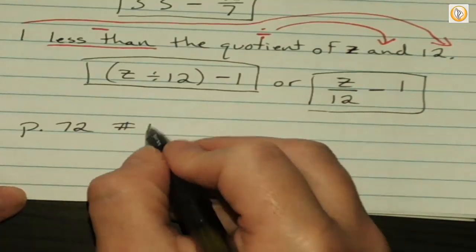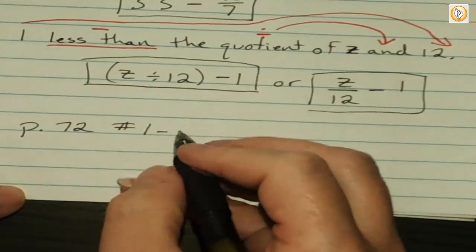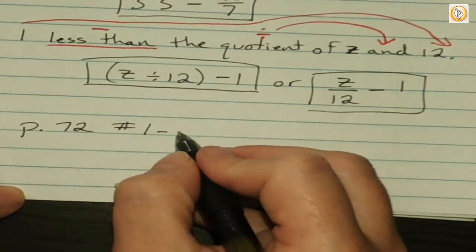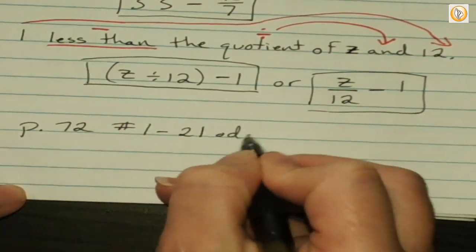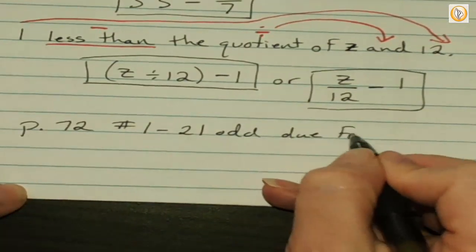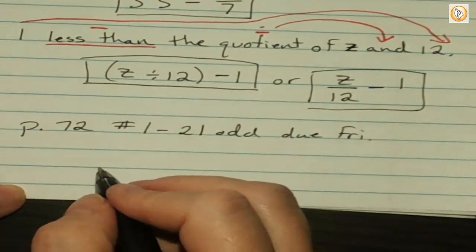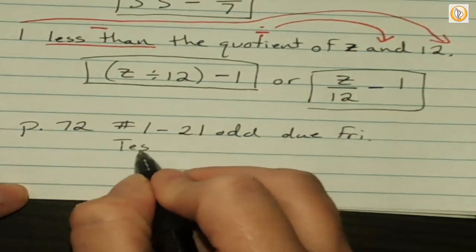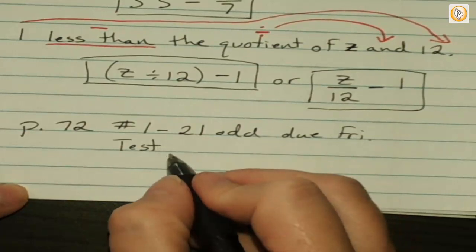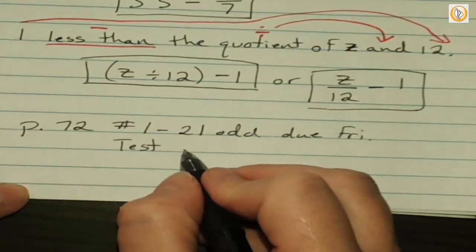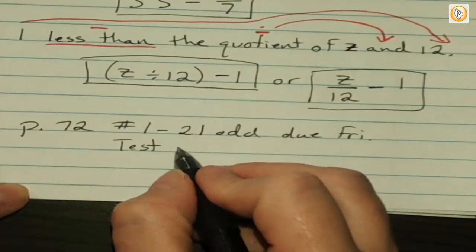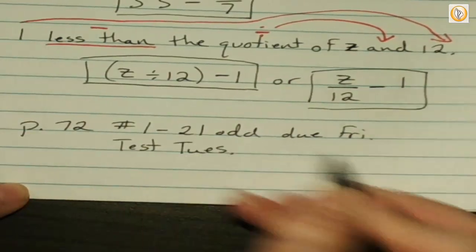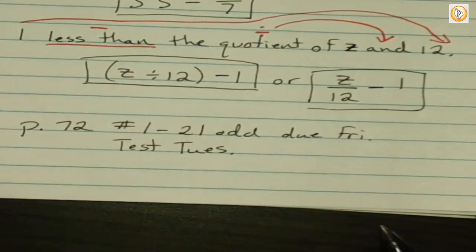1 through 21 odd. Get going. It's due Friday. You have a test tomorrow. On everything. On math, grammar, and science. No, I'm just kidding. The test is Tuesday. There's no science test tomorrow.